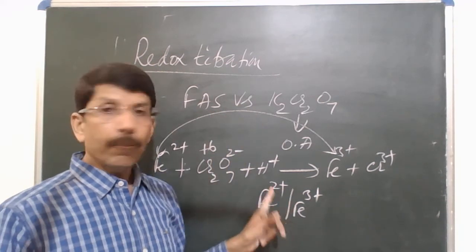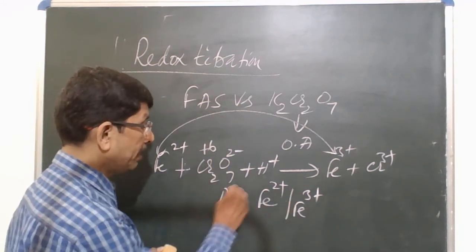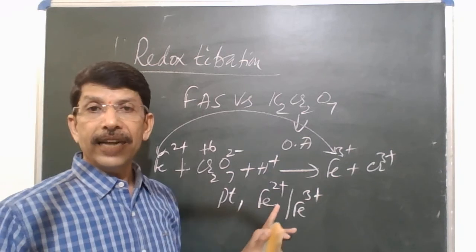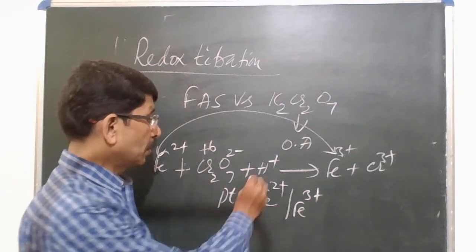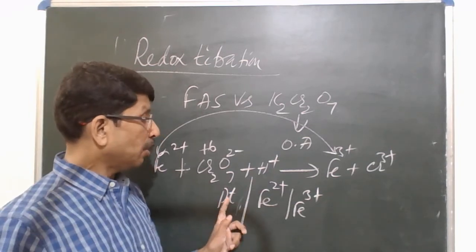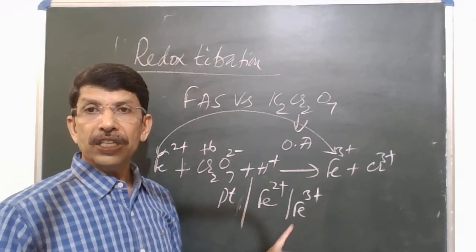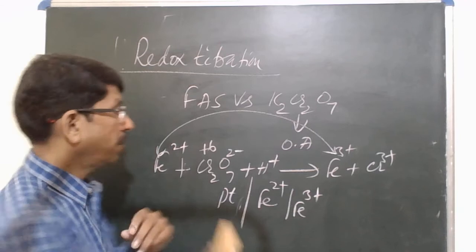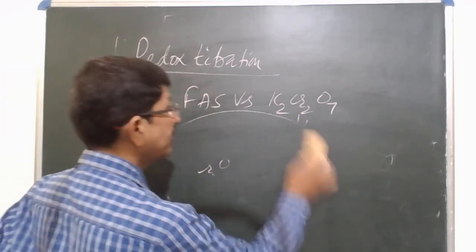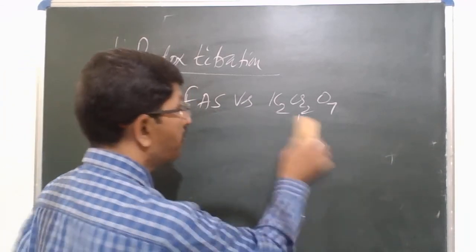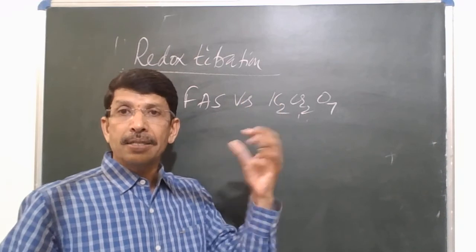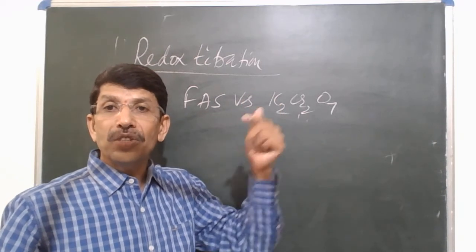In this case, the platinum electrode is dipped into the solution containing Fe2+ and Fe3+ ions. The electrode potential of this redox electrode depends upon the ratio of concentrations of these two ions.